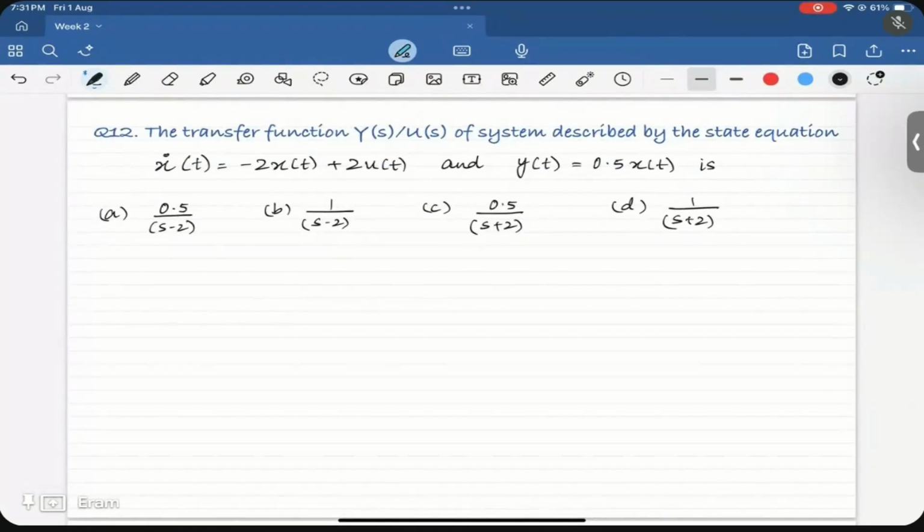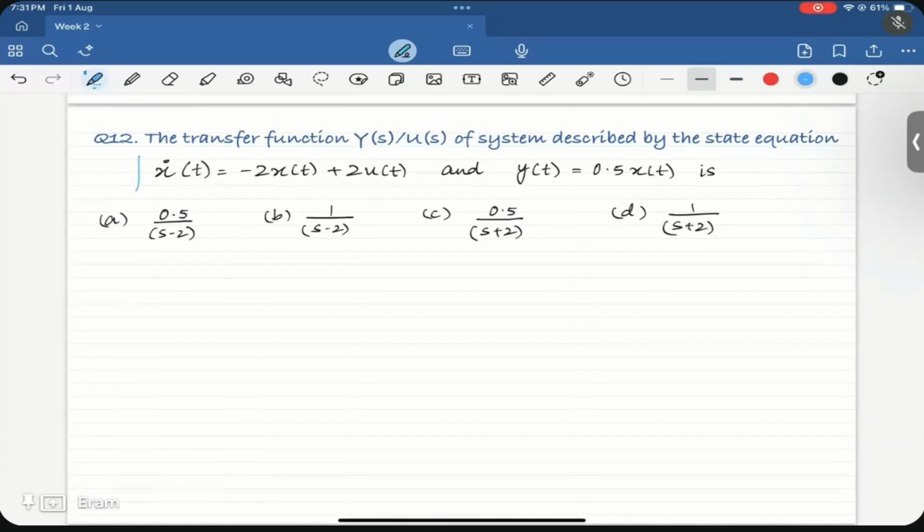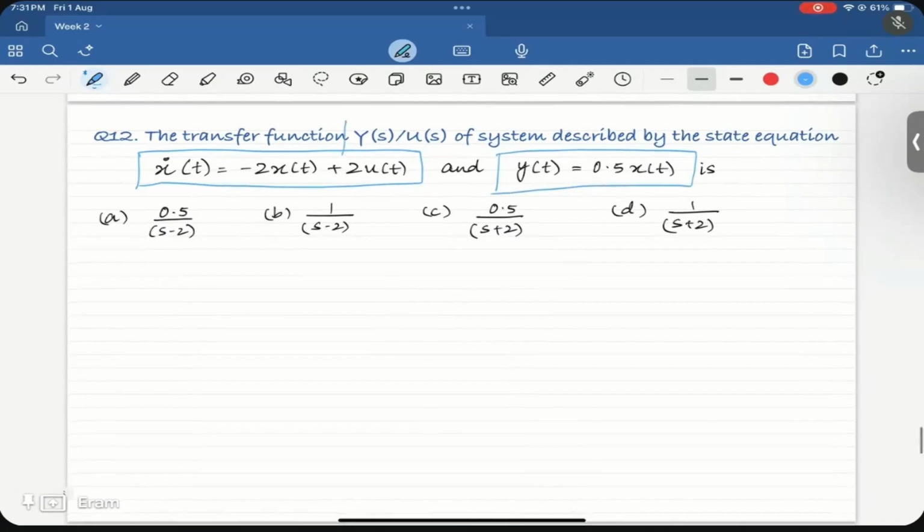Okay, so another question is, you have to find the transfer function of this state equation. We are given x dot as -2x plus 2u and we are given output as 0.5x(t), and we have to find out the transfer function of Y by U. So how to do that?